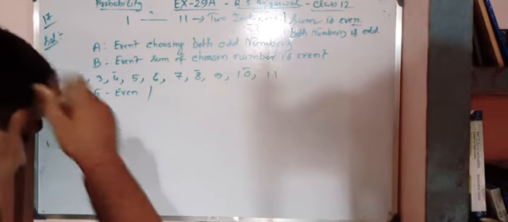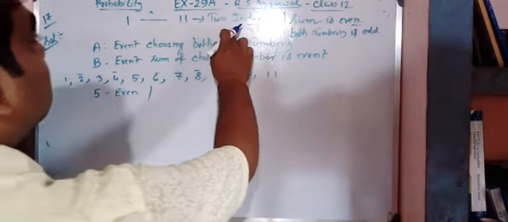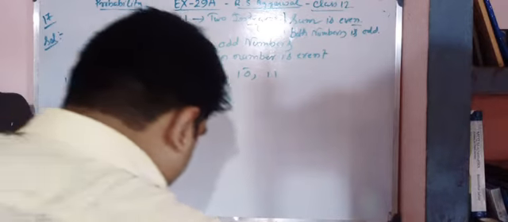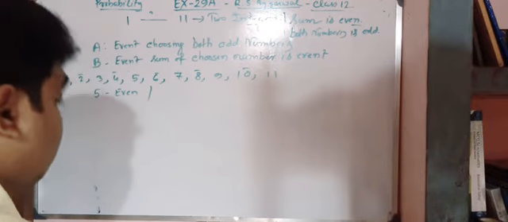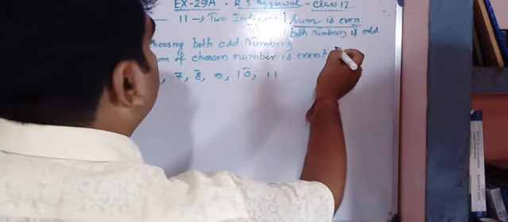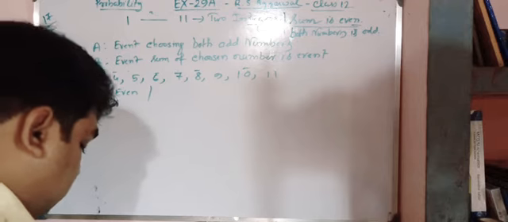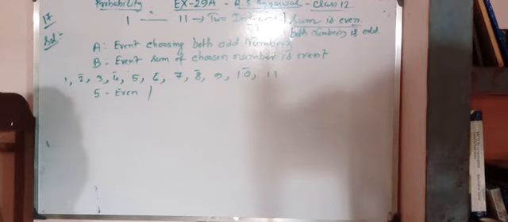Two integers are selected at random from 1 to 11. If the sum of the integers is even, find the probability that both numbers selected are odd.